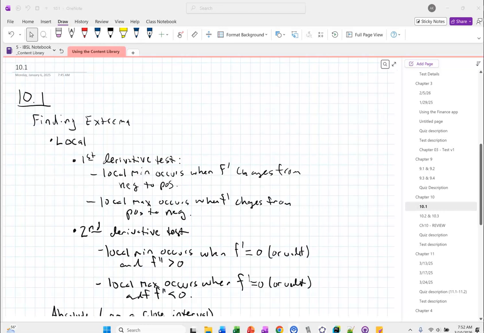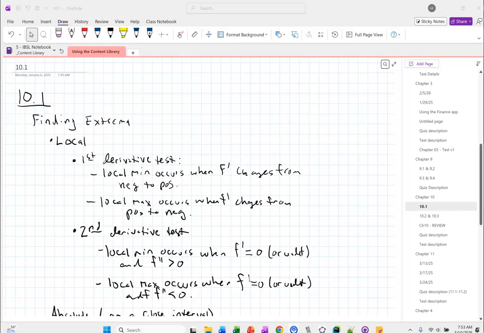The other option is we can do a second derivative test. So I take those places where the first derivative was equal to 0, we call those critical points, and then we plug them into the second derivative, and if the graph is concave up at that point, then that point would correspond to a minimum, right?